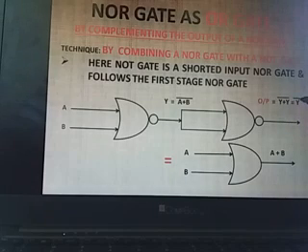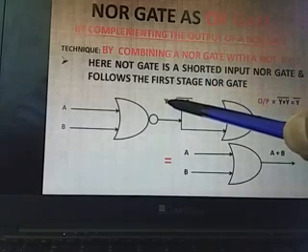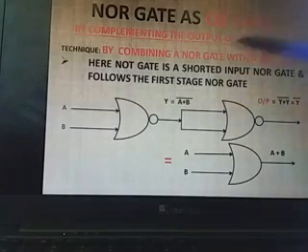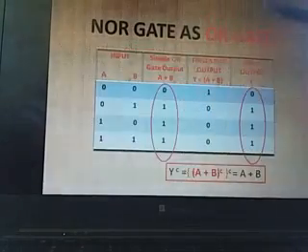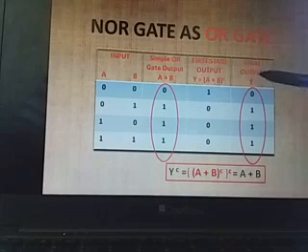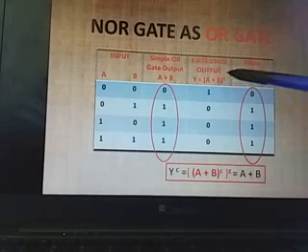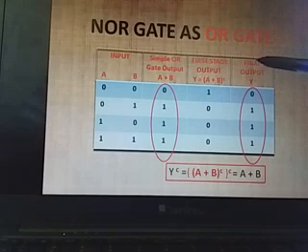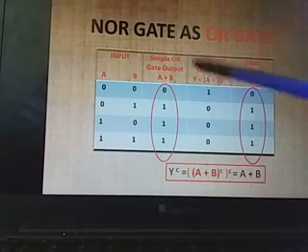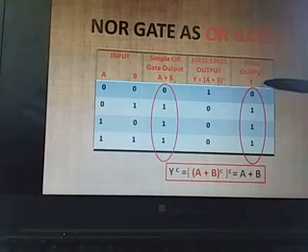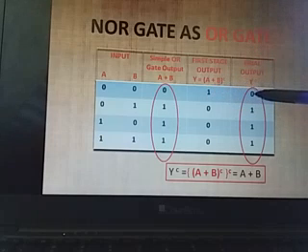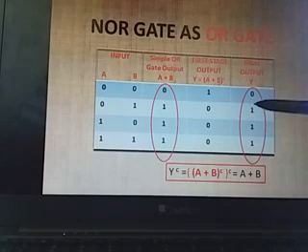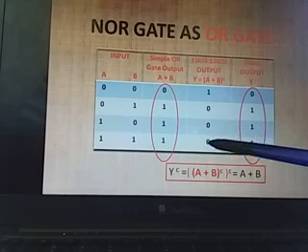It will be complement of this y, or complement of the complement of A plus B. This means the final output is the complement of the first stage output. So for this we will get, instead of 1, our output will be 0 for 0, 1 for 0, 1 for 0, 1.